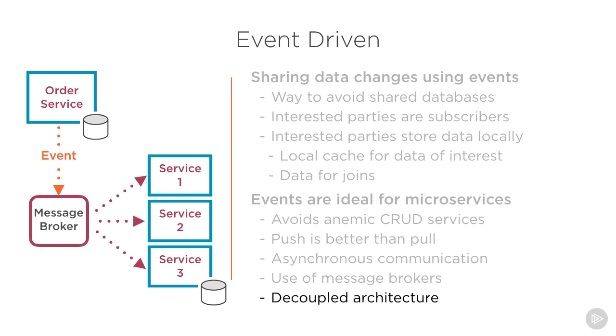So the conclusion is using event-driven mechanism to share data changes is an excellent way to share data and also to avoid coupling our architecture, because sharing data by calling services multiple times in order to extract data from another service's database is another form of coupling. But if we broadcast the data changes, we are even more decoupling our overall architecture.